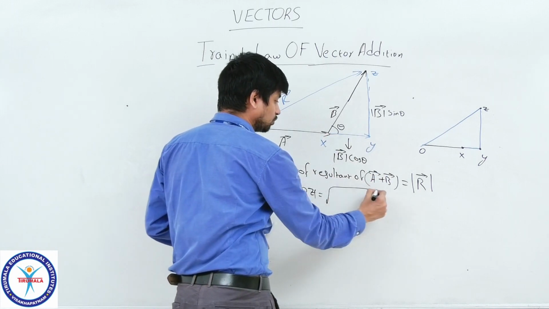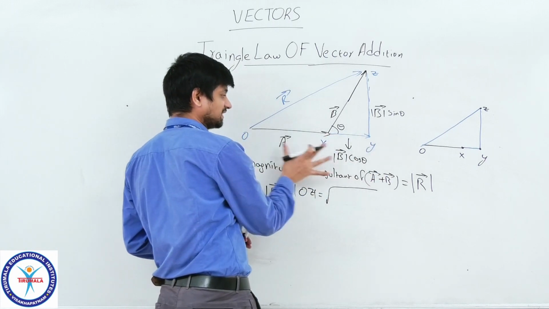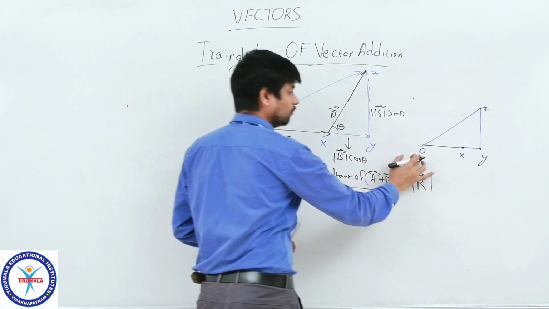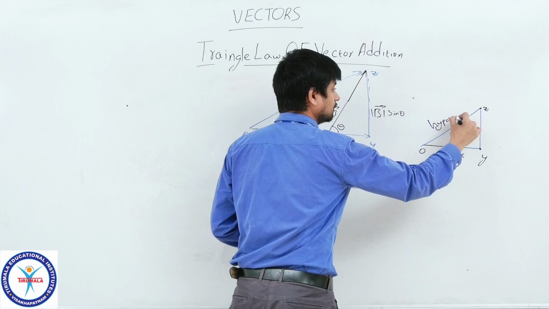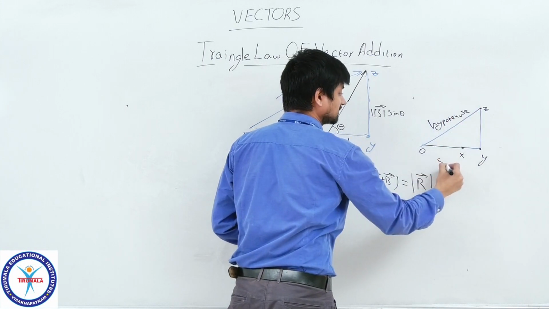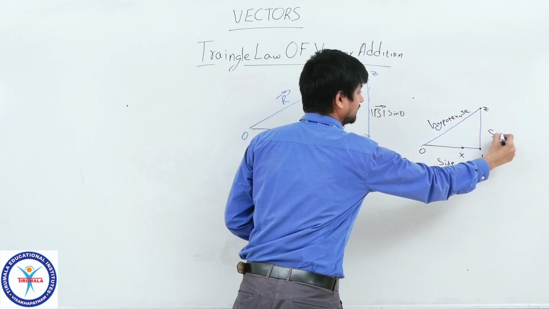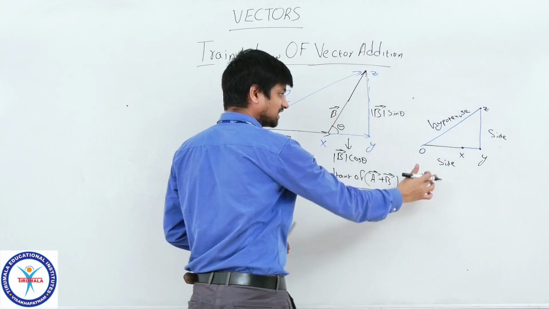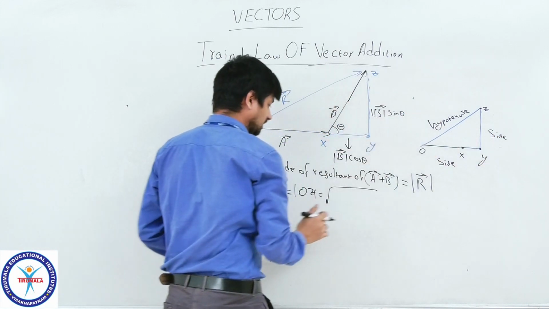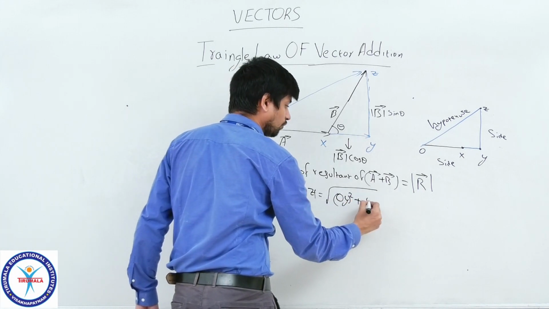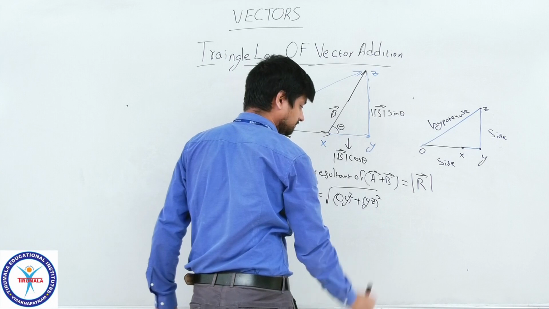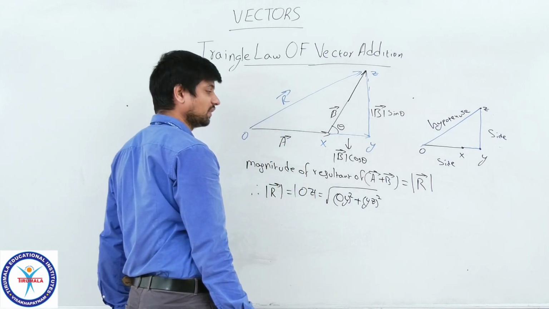Equal to square root of side square. What is the side here? OY. This is the hypotenuse. This is a side. This is a side. Pythagoras theorem, side square plus side square equal to hypotenuse square. So, OY square plus YZ square.